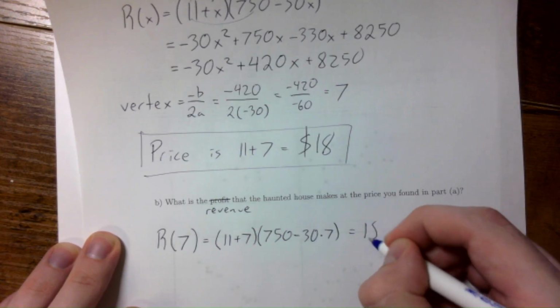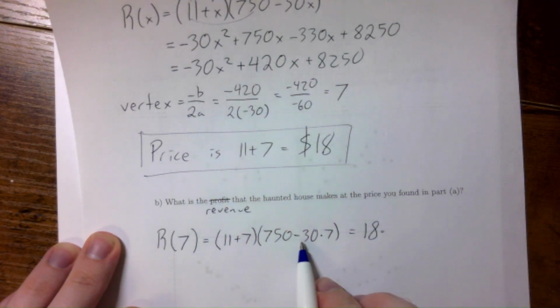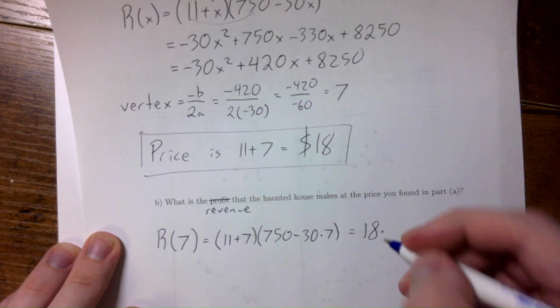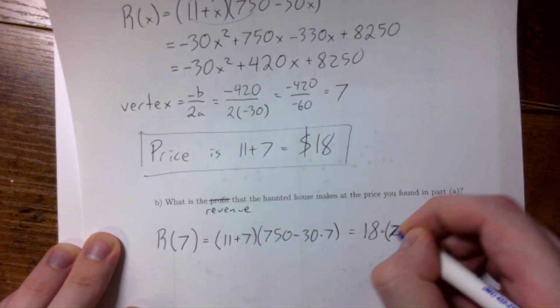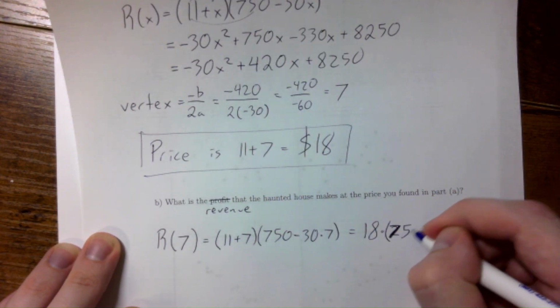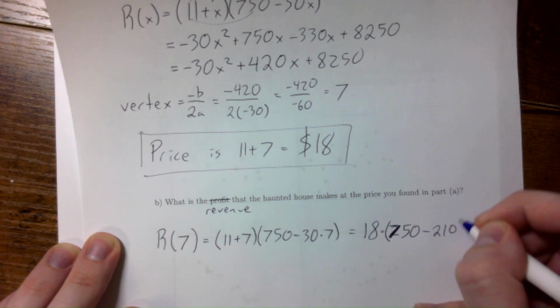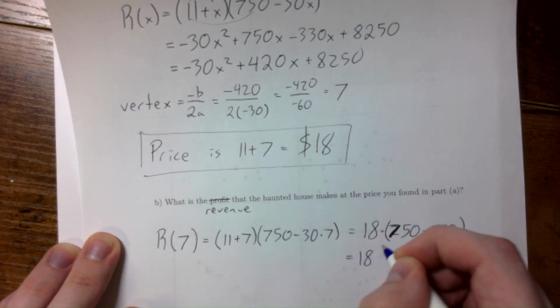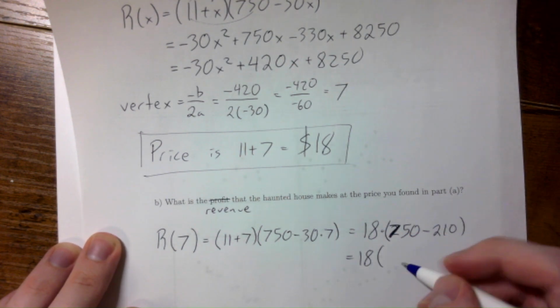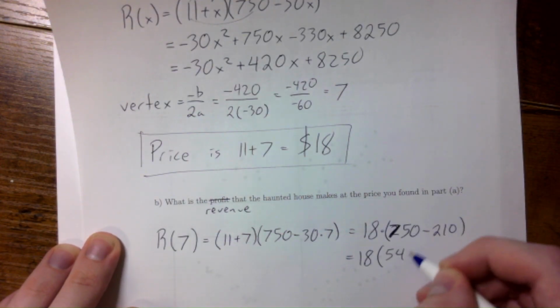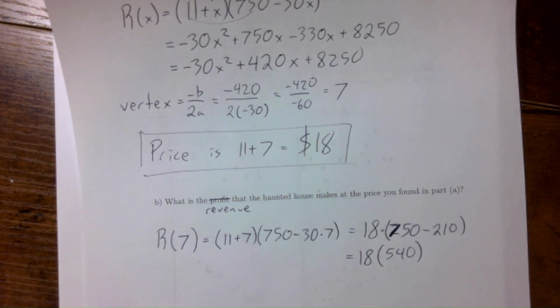So that gives us 18 times 750 minus 210, which gives us 18 times 540. We put that into our calculator, and it gives us 9,720.